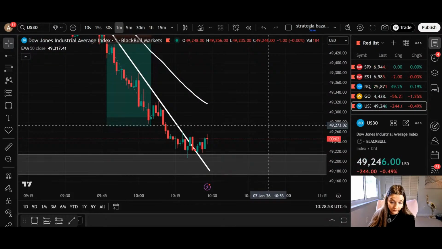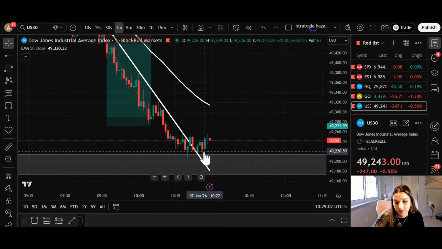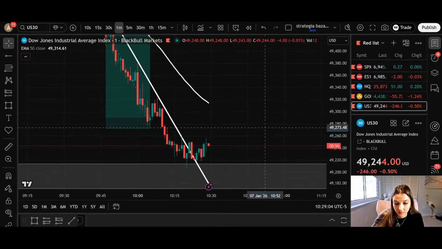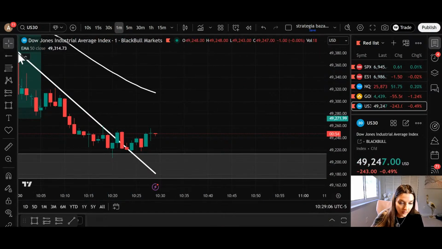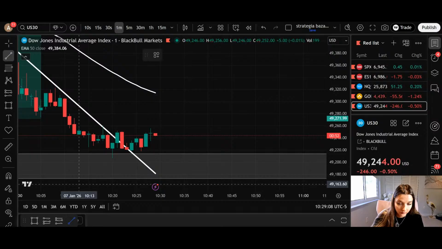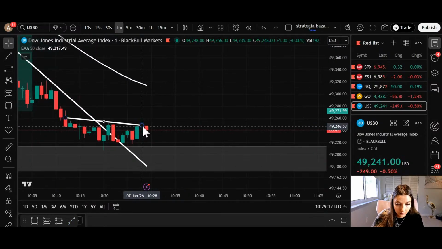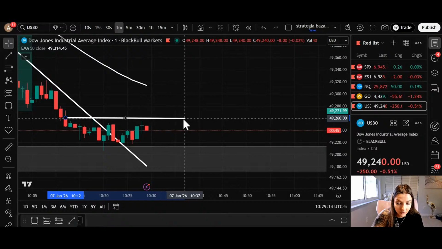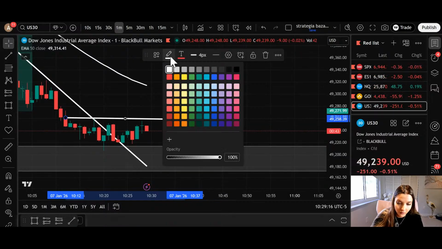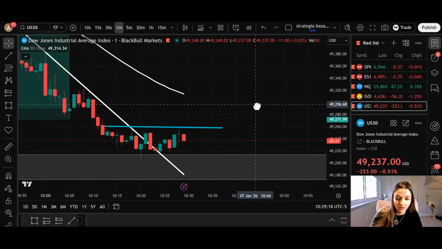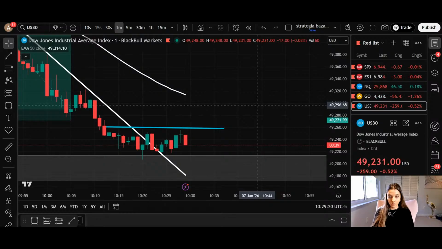Here we go. It did break the trend line right here. Now I need to break this consolidation, and I really would like to break the EMA to go on a long.